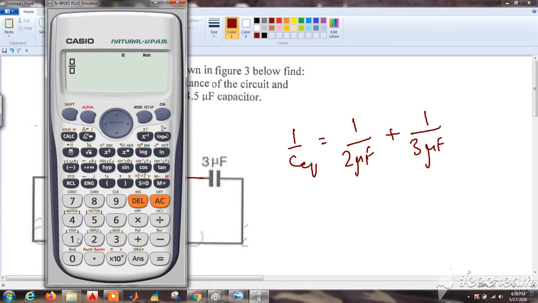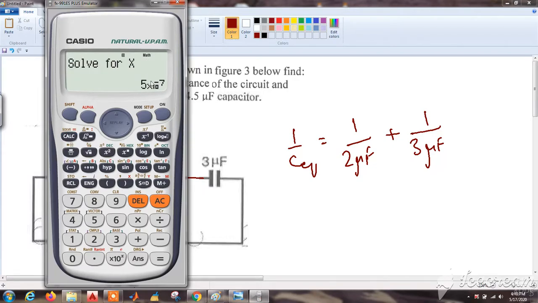So 1 by x is equal to 1 by 2 micro, that is 2 into 10 power minus 6, plus 1 by 3 microfarad, that is 3 into 10 power minus 6. Now press shift, then press solve.